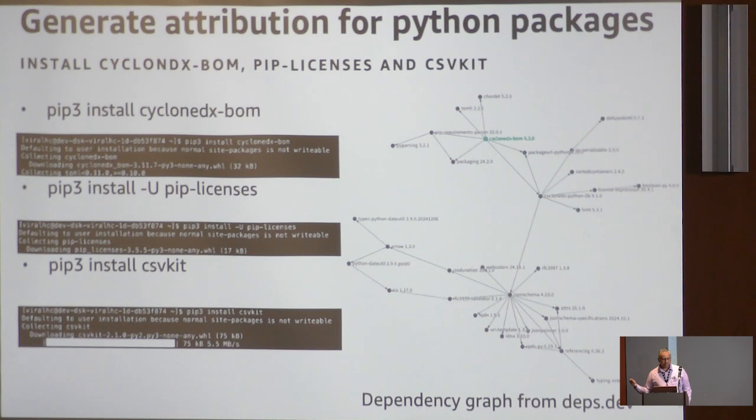Here's an example of how I generated attribution for Python packages. For Python, I installed CycloneDX BOM and pip-licenses, and I generally like to see things in an Excel format. I use Excel on my computer, so I like to get output in CSV format that I can filter with Excel.